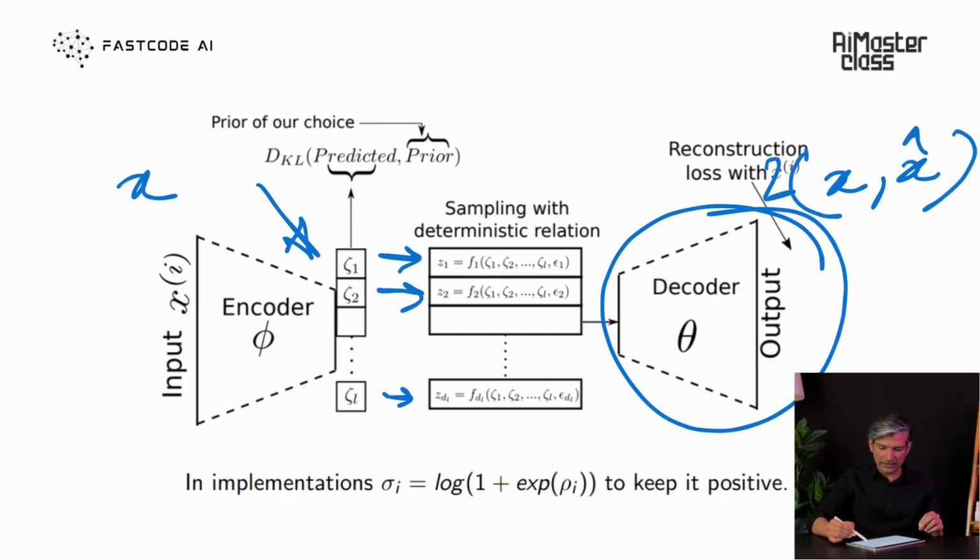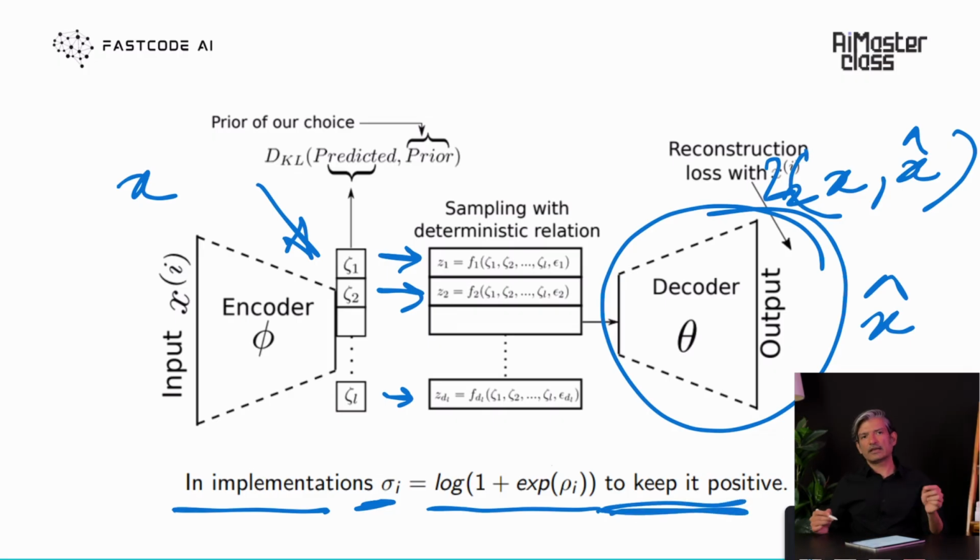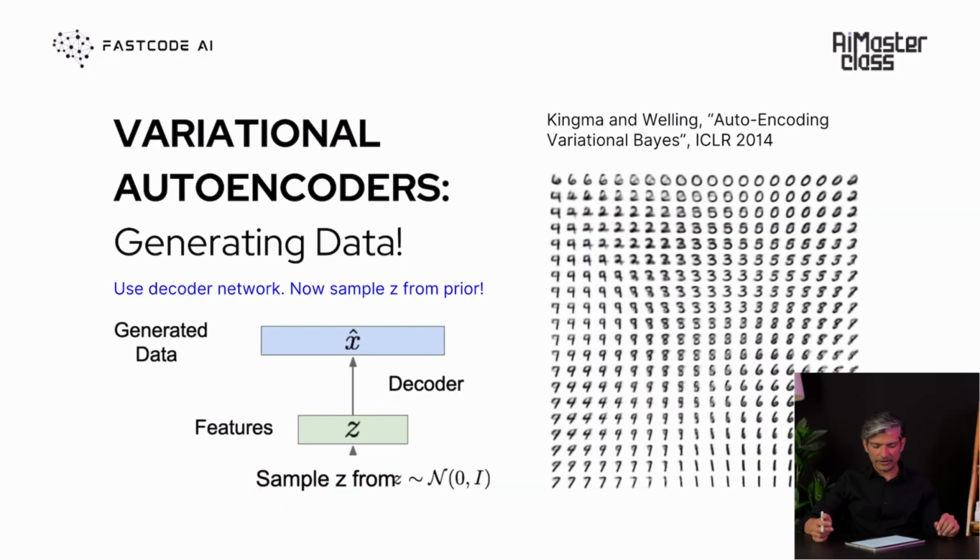So if this is your x, this is your x hat, we are minimizing the L2 of that. And it's an implementation detail. You should know that in implementation, psi1 is essentially log of 1 plus exponential of rho 1 to keep it positive. But this is just a numerical thing, and this is something that we need to take care of when we actually go ahead with the implementation.